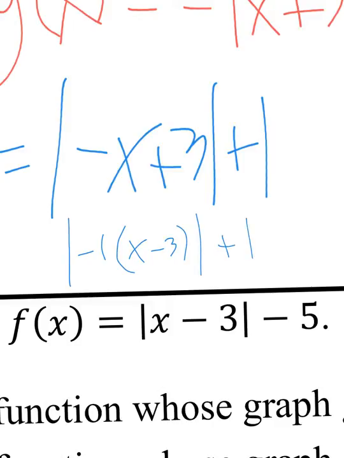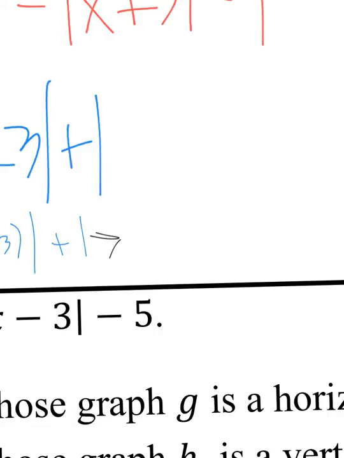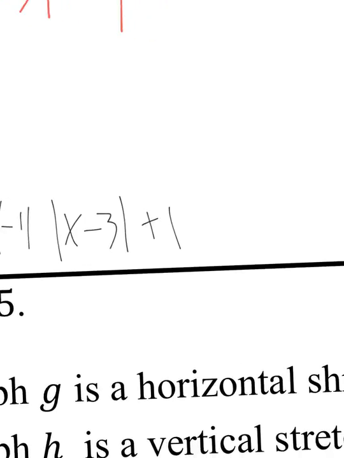And so then you can write it like the absolute value of negative 1 times the absolute value of x minus 3 plus 1. And the absolute value of negative 1 is just 1. So it's just saying 1 times the absolute value of x minus 3 plus 1.